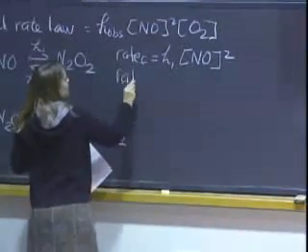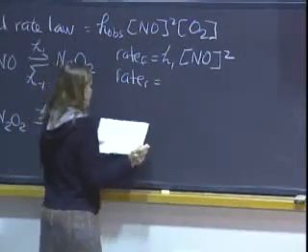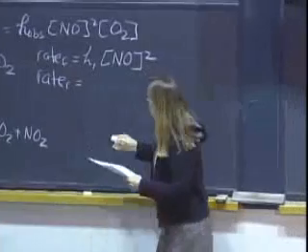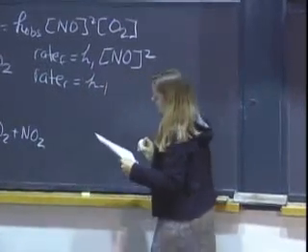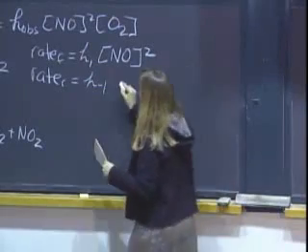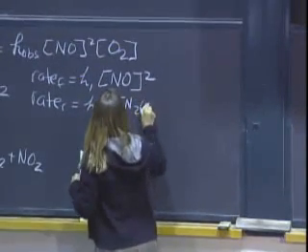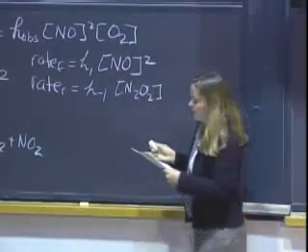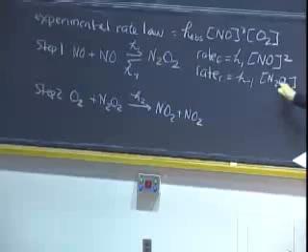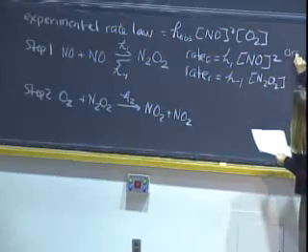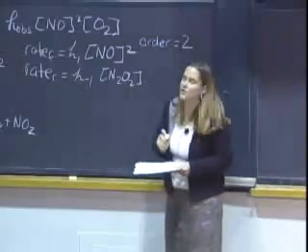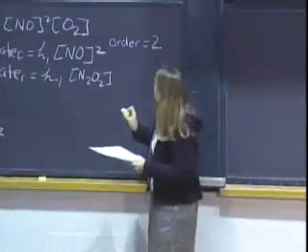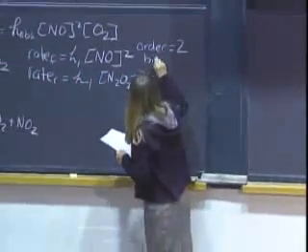What about the rate for the reverse reaction? K minus 1 times what? N2O2. Okay, so let's look at each of these. For the forward direction, what is the order? The overall order is 2. And so in terms of molecularity, what is it? Bimolecular.